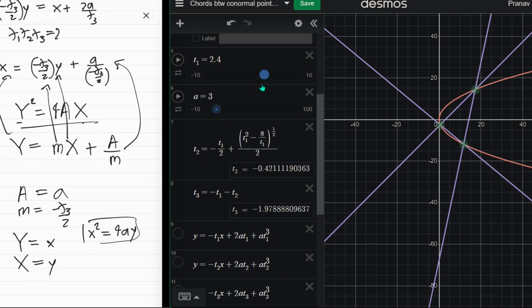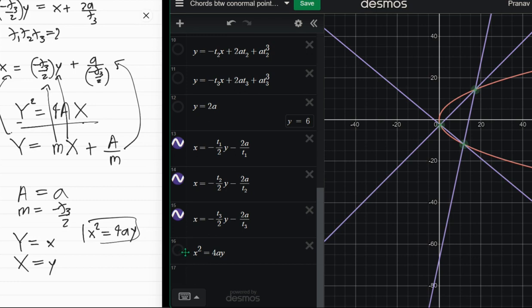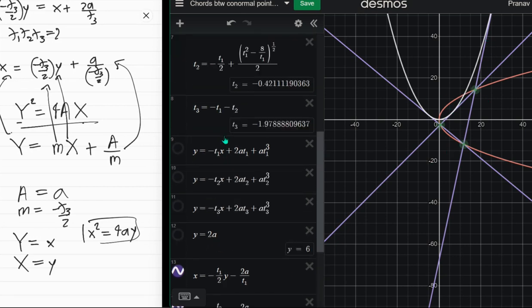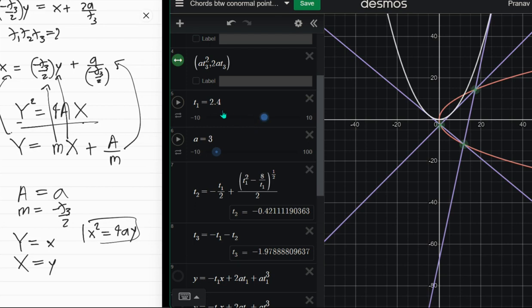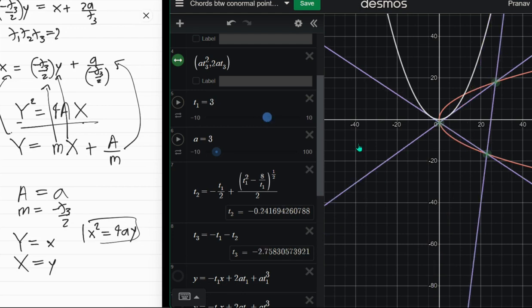I have graphed that over here as well. You can see that these purple lines are tangent to this parabola. It doesn't matter what value of t1 I set. I mean, it does matter because it can't go below 2 and more than 0. But for other values, you see it's still tangent.